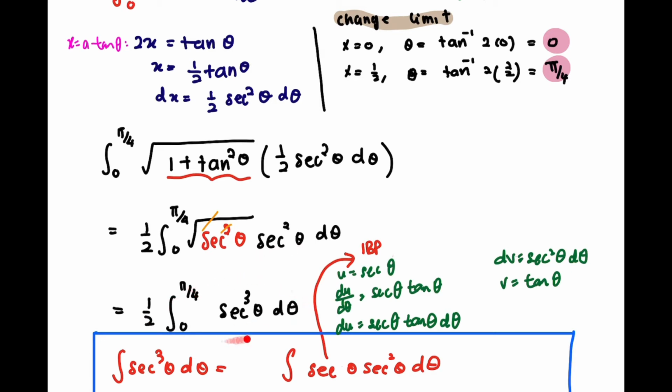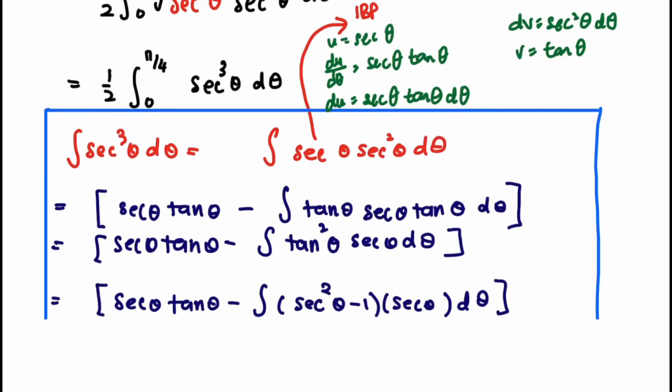We have learned this from the previous chapter. If you want to integrate secant cubed theta, you need to use IBP. So let's do this. The integral of secant cubed theta d theta is just the integral of secant theta times secant squared theta d theta. Let's split this, and then let's do our IBP. Let u be secant theta, let dv be secant squared theta d theta.